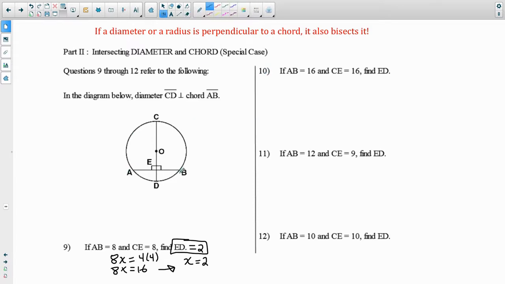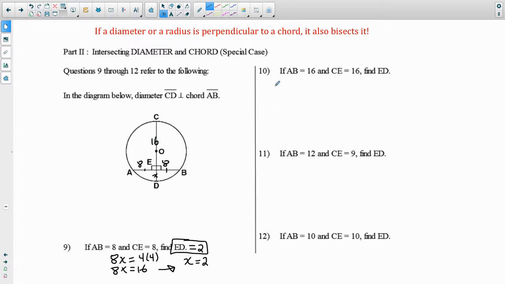Well, if AB is 16, because they give us that it's perpendicular, we know it's cut into two equal parts, which means we can assume that each one is 8. And if CE is 16, find ED.